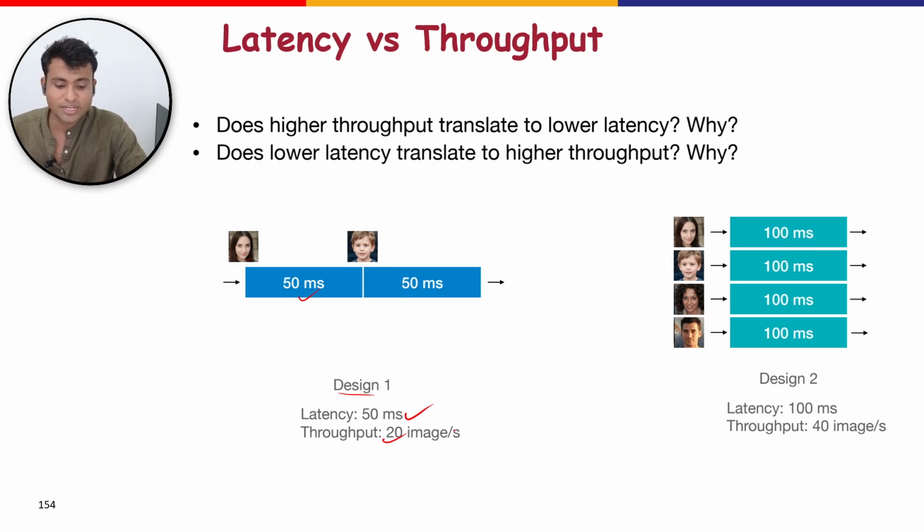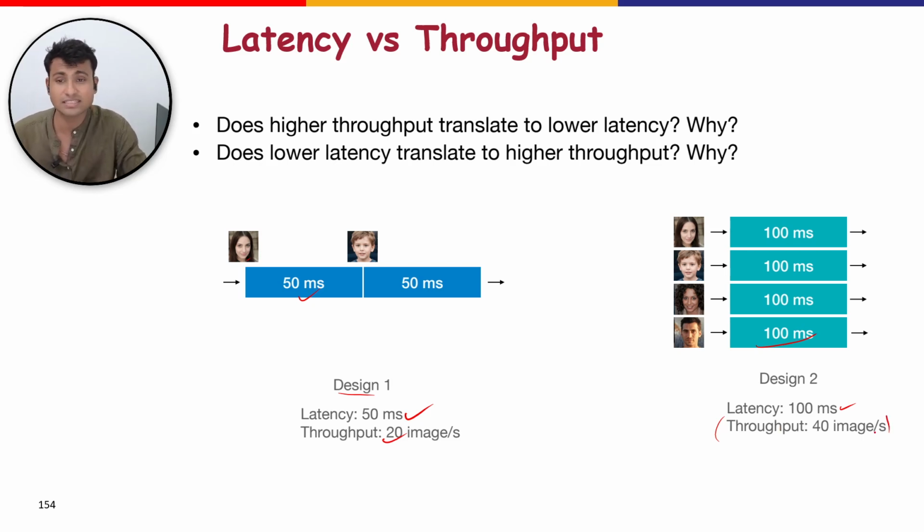So throughput is 20 images per second, as opposed to a parallelized architecture in which 4 images are being processed in parallel, and each image is taking 100 milliseconds. So the latency is 100 milliseconds, but in 1 second, how many images will pass through in total? 40 images. So the throughput is higher.